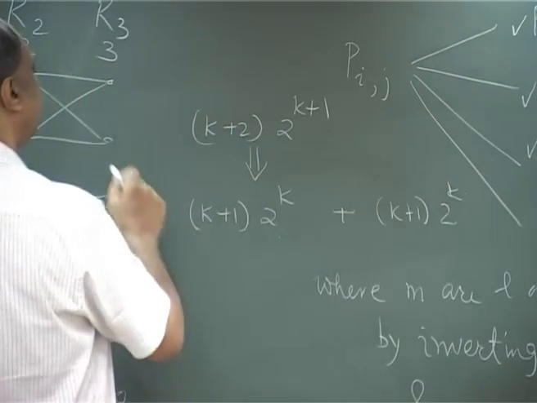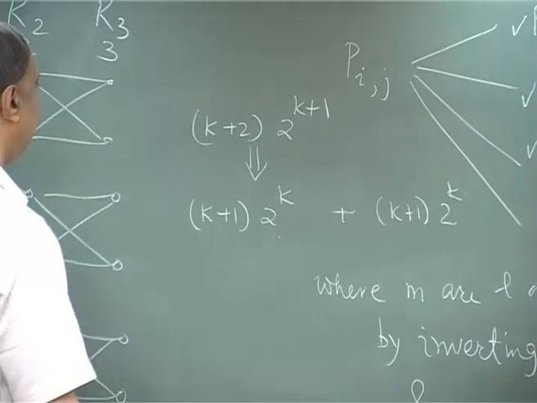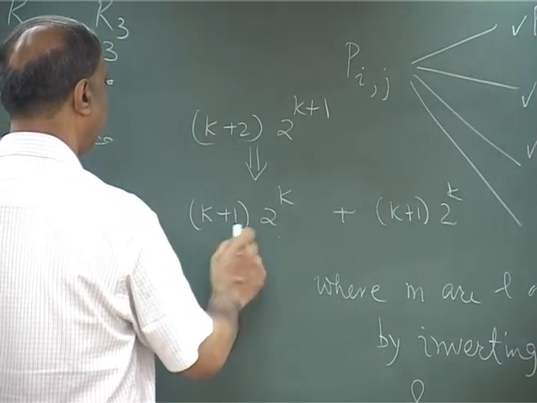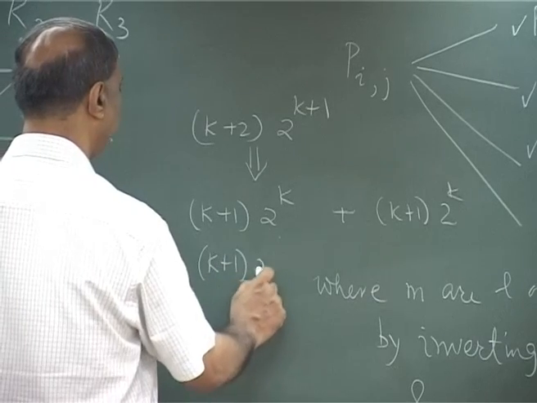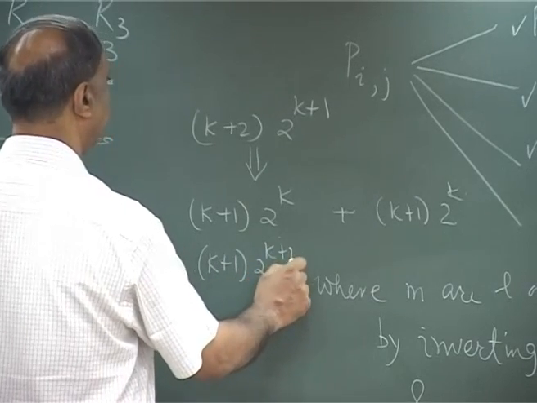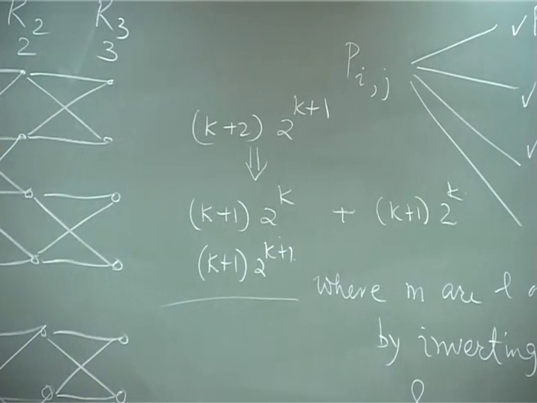And then at the top you put k plus 1. So you get basically here k plus 1, 2 to the power k plus 1 nodes. So basically you need additional 2 to the power k plus 2 to the power k plus 1 nodes to be fixed for additional things.